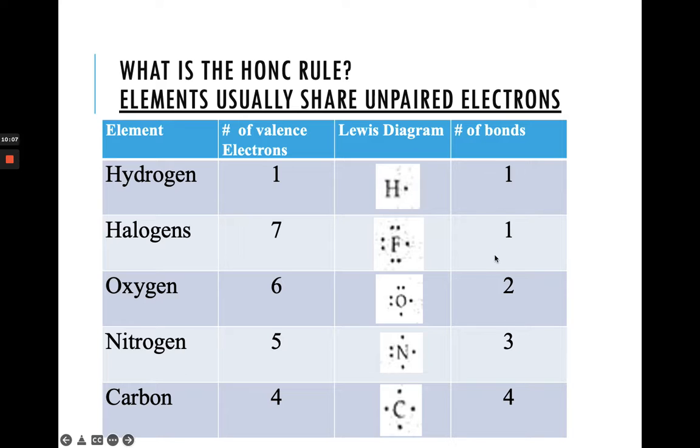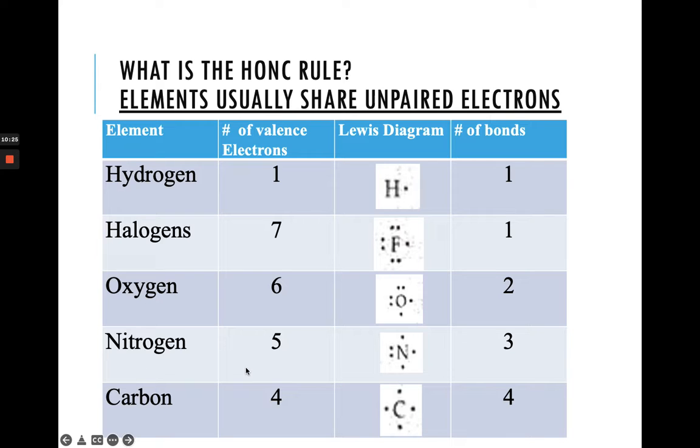So they will only make one bond. Oxygen has 6 valence electrons. It has 2 electrons that are not bonded, that are unpaired, and so it will make 2 bonds. Notice there is a hole here and there's a hole here, so it will make 2 bonds to fill those holes.